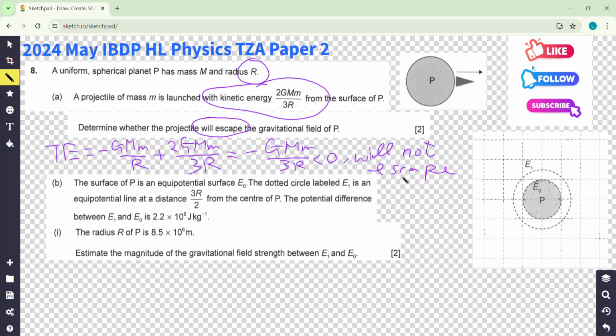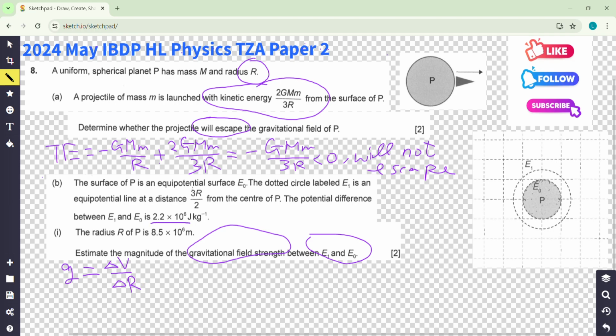So for B1, look at the question first. Estimate the magnitude of the gravitational field strength between E1 and E0. So what is gravitational field strength? g is equal to the magnitude of delta V over delta R. We have the potential already.